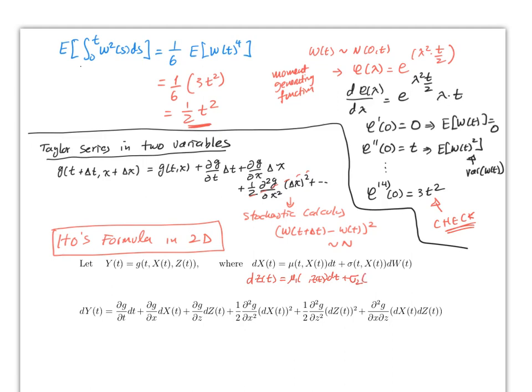Then say sigma 2, and then dW_t. Now here things can get a lot more confusing and more messy if these two are different Brownian motions. Here we assume it's the same Brownian motion, because you can have 2 different ones. You can have 2 that are independent or 2 that are correlated, and that will get too messy. For the rest of the class, we only assume you have 1 Brownian motion that is shared with the two variables. So then, if we do the derivatives in 2 dimensions, you end up with this beautiful thing right here.